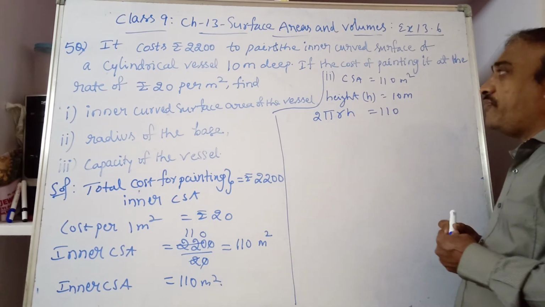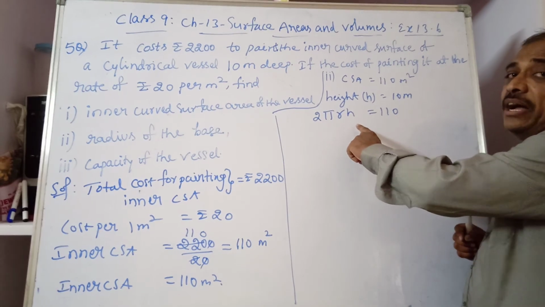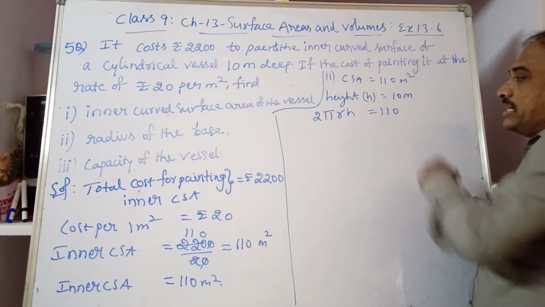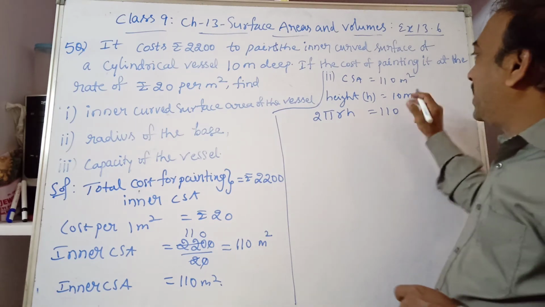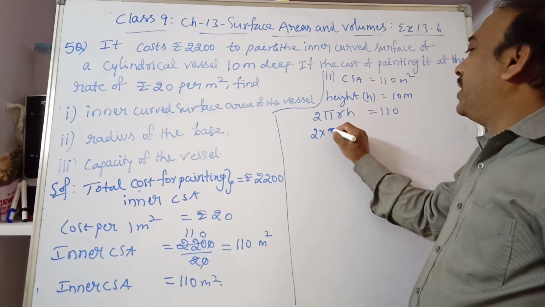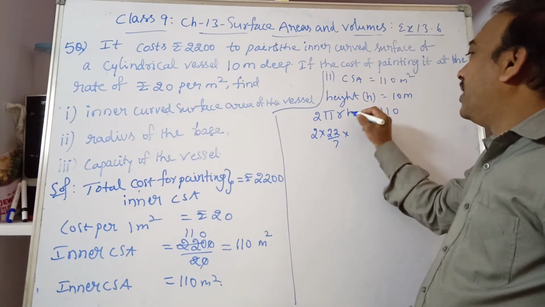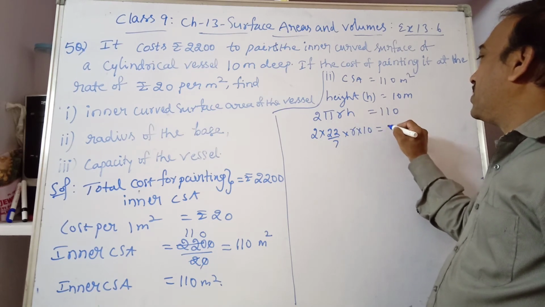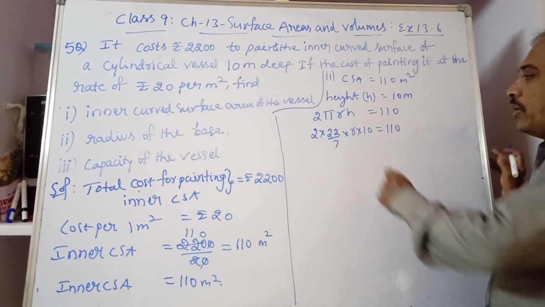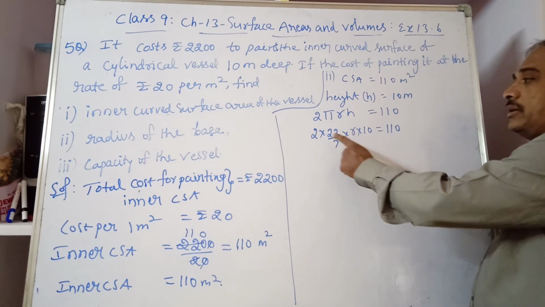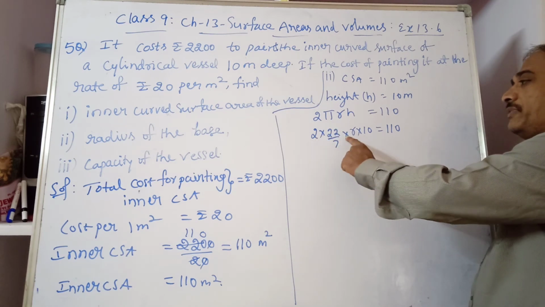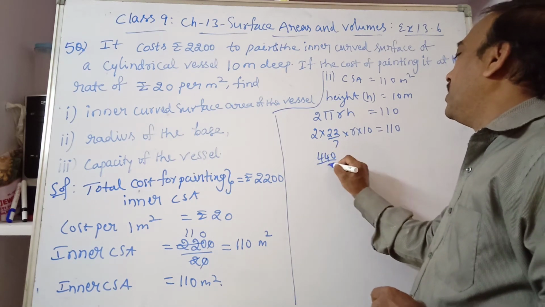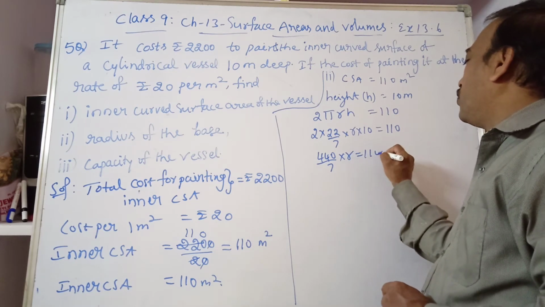So 2 into 22 by 7 into r into height 10 is equal to 110. Now 2 into 22 is 44, 44 into 10 is 440, so 440 by 7 into r is equal to 110.